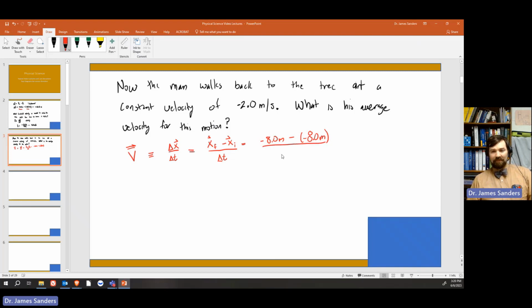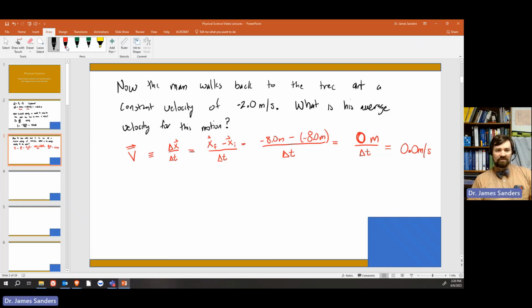So some non-zero amount of time. The reason it's important that it's non-zero is because this difference right here is actually zero. He started and stopped at the same place, so his displacement is zero, and therefore his average velocity is 0 meters per second.